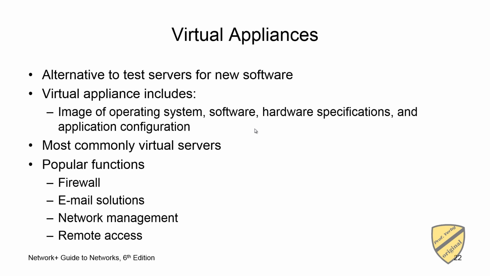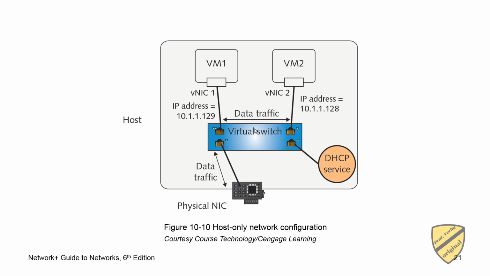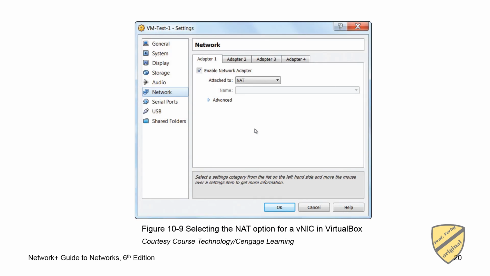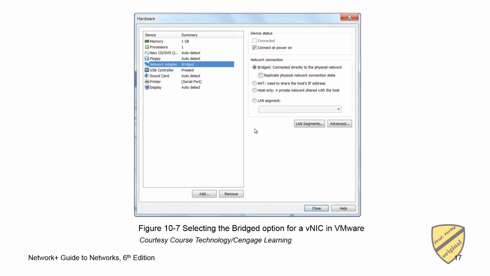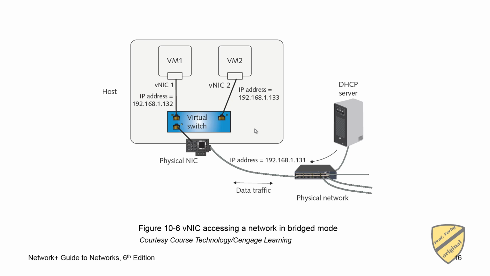I think I'll cut this video off here because it's been pretty long, but as a quick recap, we talked about the different types of network configuration. We have host only, where they just communicate with each other. We have NAT, where it communicates with the host device to get its IP address. Then we have bridged mode, where it acts like a new physical computer on the same network, and it communicates with whatever is serving your DHCP.